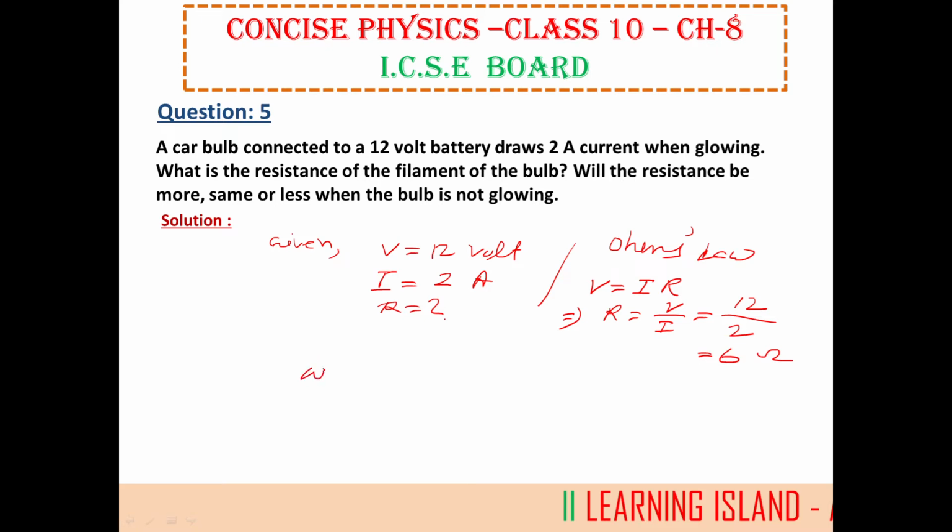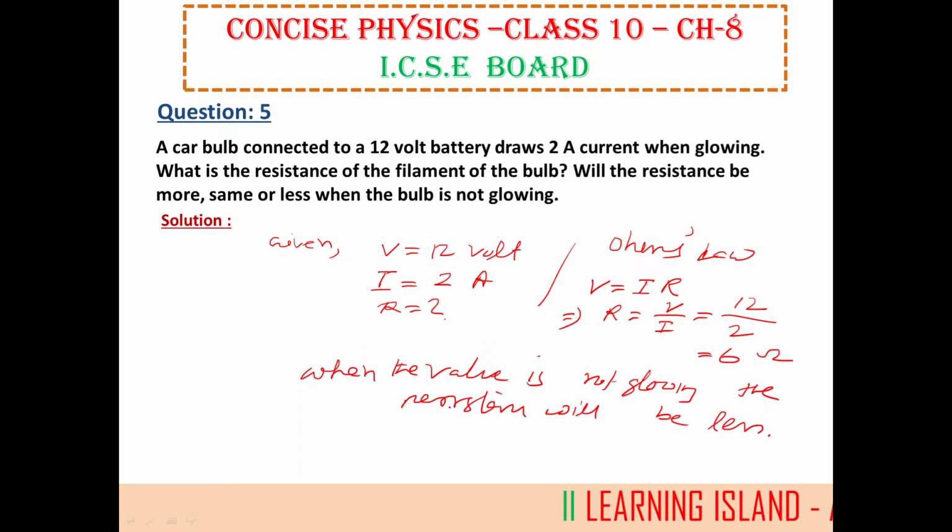Yes, when the bulb is not glowing, the resistance will be less. Why? Because as you know, the resistance of a conductor depends on the temperature or the heat, how much the conductor gets heated up.